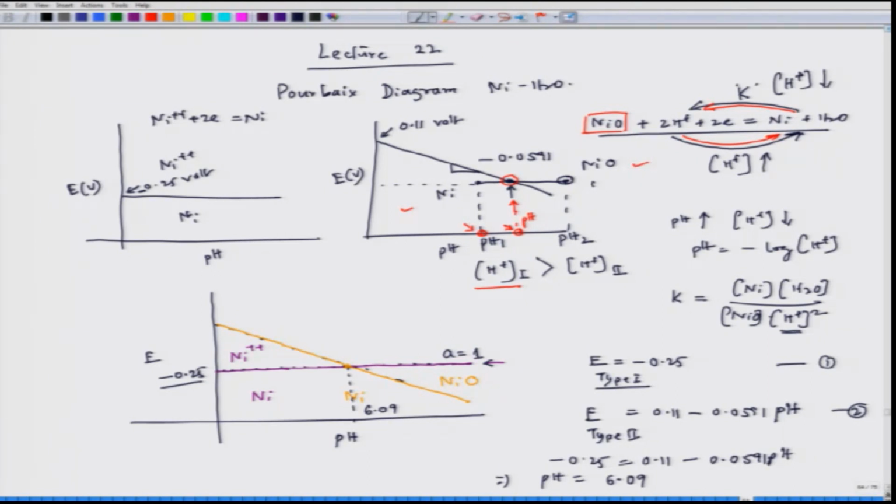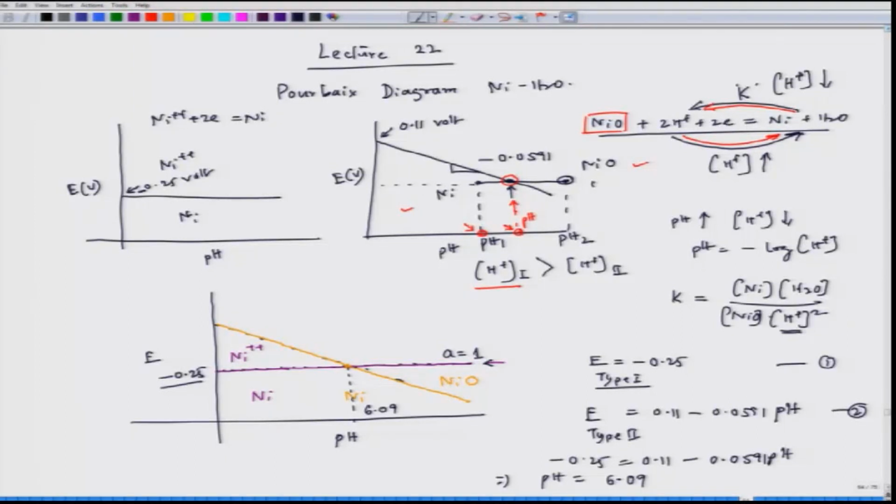Now, we have to decide whether some parts of these two lines can be possible on the stability region of 3 species. Here we have stability of Ni plus plus as well as Ni and NiO. We know left of this is Ni, right of this is NiO, below this is Ni, above this is Ni plus plus.